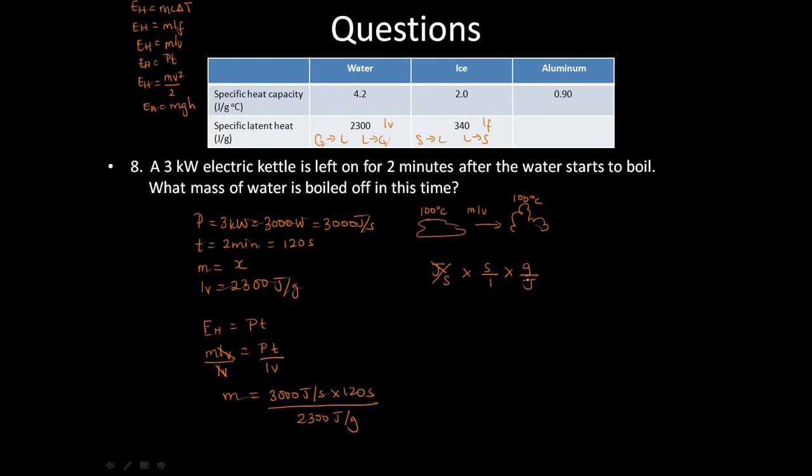So the joules cancel, the seconds cancel, and we're left back with grams, which means we're going in the correct direction. So 3000 times 120 divided by 2300, and that will give us 156, well, let's round to 157 grams of water. Okay, good. So that's question 8, it seems like.